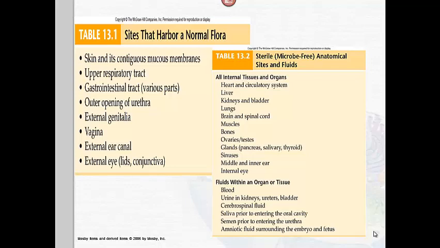This is to illustrate that the body has a symbiotic relationship with microorganisms. We do have bacteria and other types of microorganisms in our body at different levels that will protect us against infection. That is called normal flora. And what is normal flora?